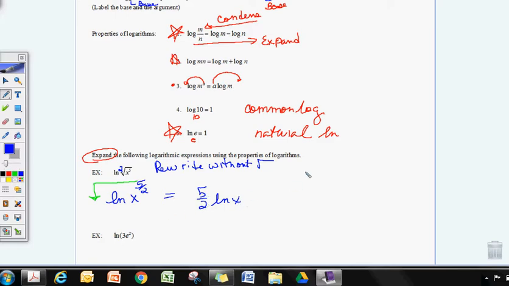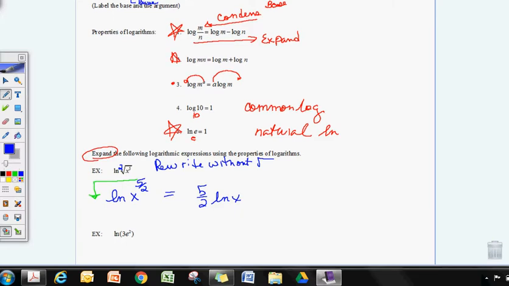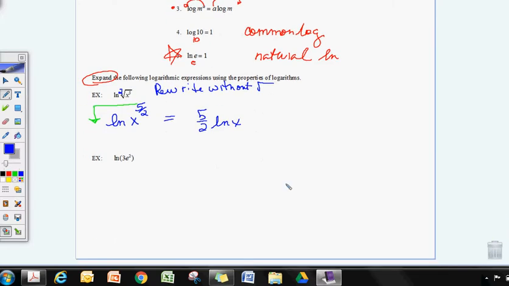So now I take a look at the last one on this page. For this last one, I see that this is a multiplication problem. If this is a multiplication problem, look above. That means to expand that out, this becomes the natural log of 3 plus the natural log of e squared.